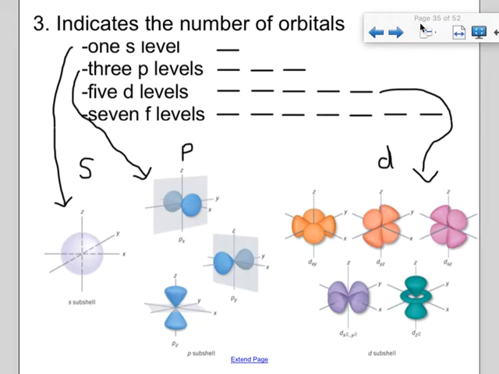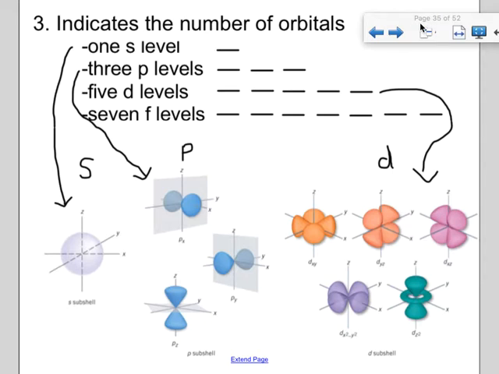So how many electrons could fit in the P sublevel total, if each dash holds 2? 6. If we look at the D level, how many electrons could it potentially hold? 10, because each dash holds 2. And then F, 14. If I do make you do an F, it'll just be 1 element.